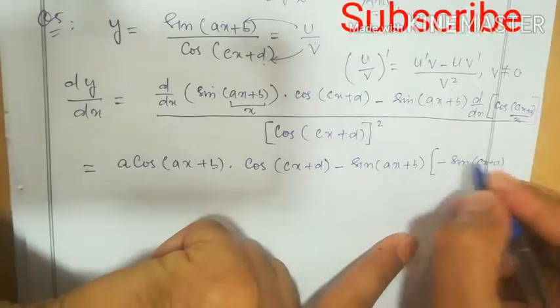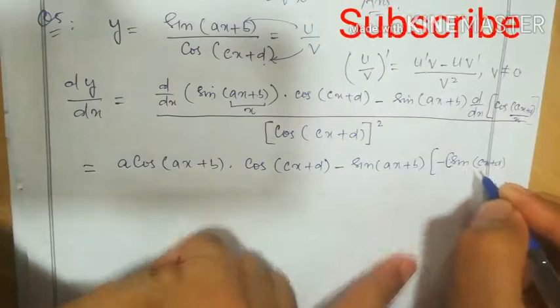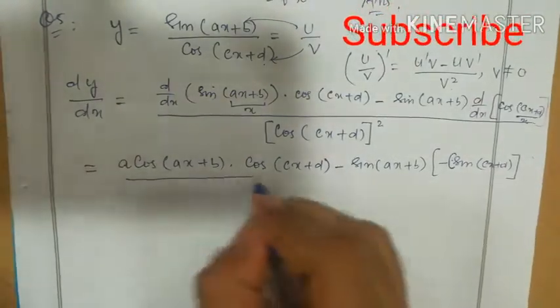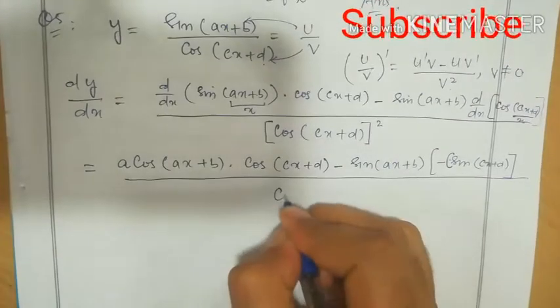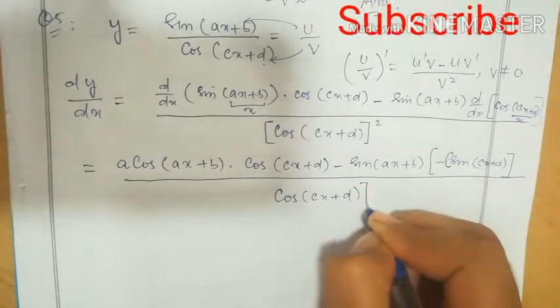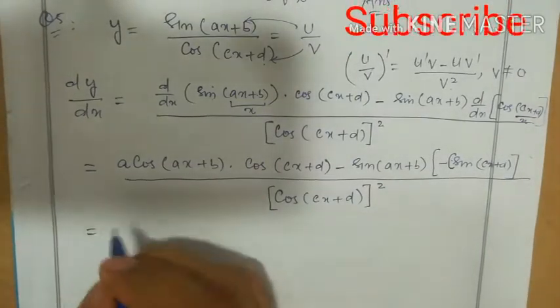So you can write here c sine cx plus d. So whole divided by cos cx plus d whole square.